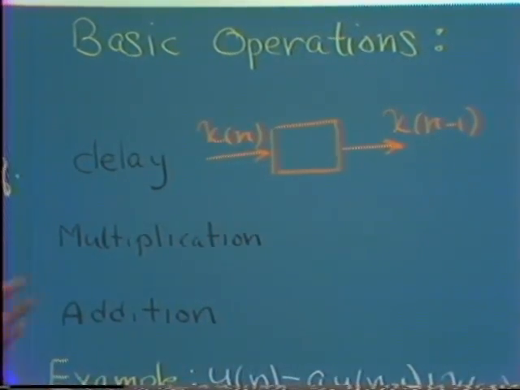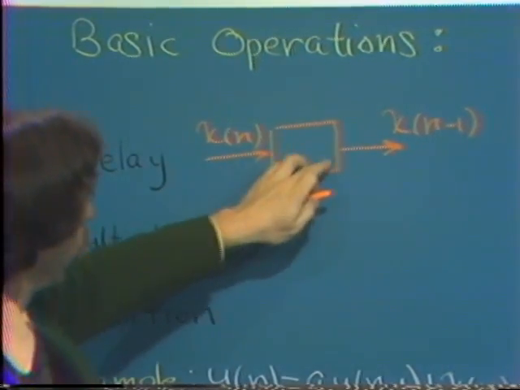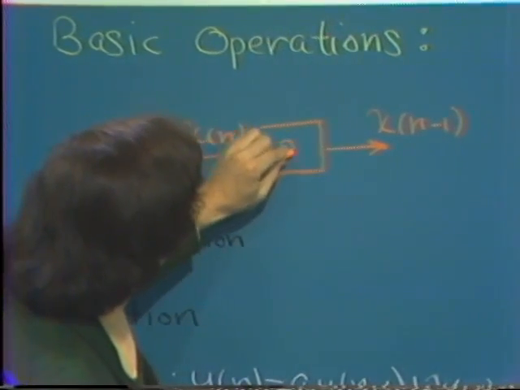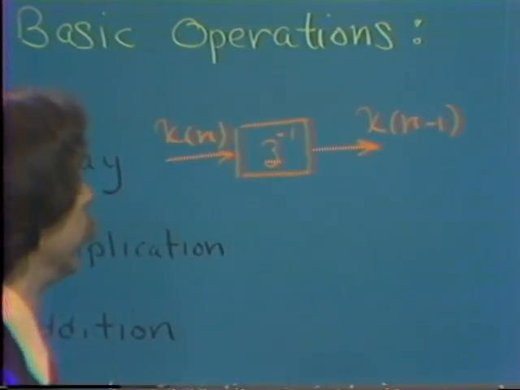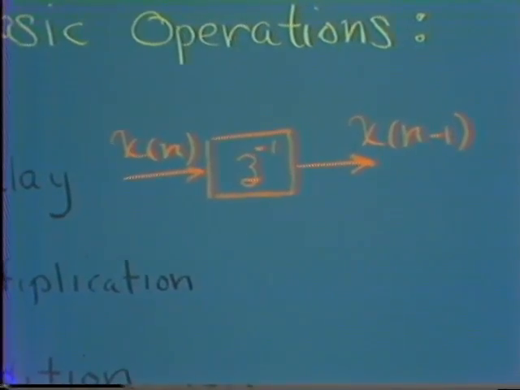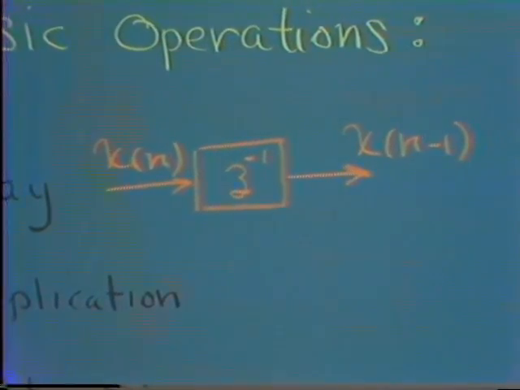And typically, in the block diagram type of representation, this element or block is denoted with a z to the minus 1. Well, what does z to the minus 1 have to do with the operation of delay?